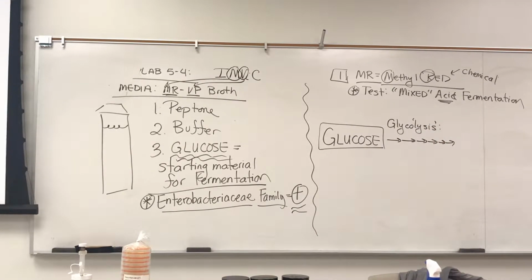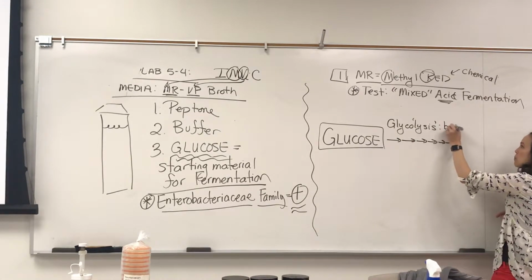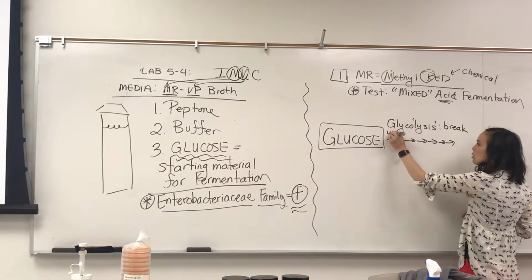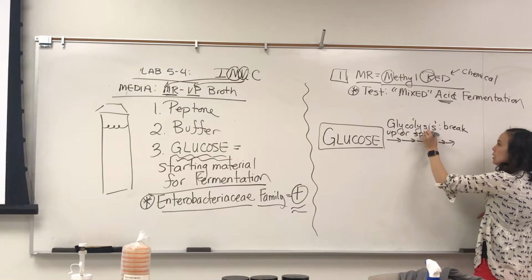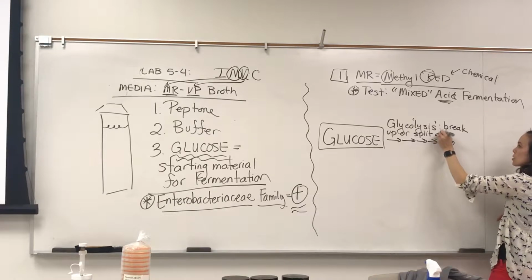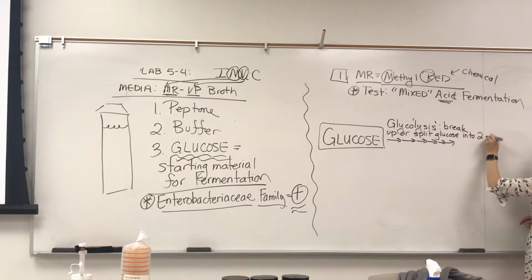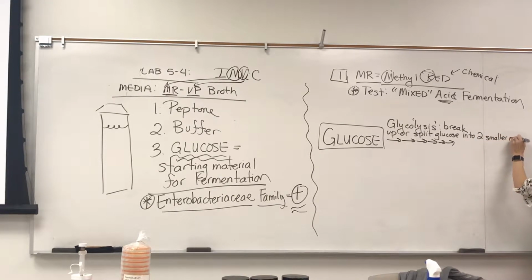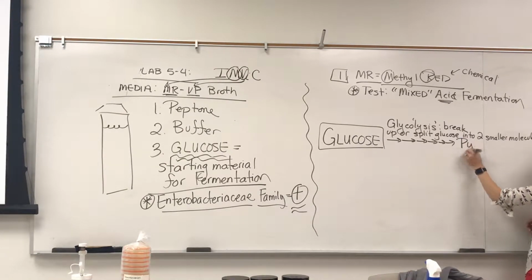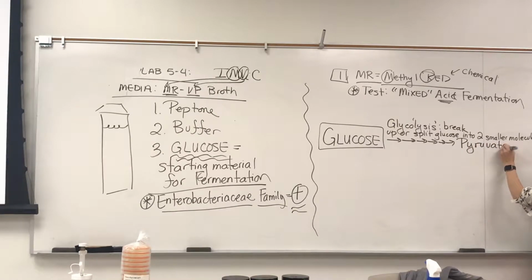Basically over those multiple steps, the bacteria will literally break up, or split, the glucose. And it's literally broken up into two smaller molecules. Over those multiple steps, it's technically like 10 steps back to back to back. The glucose gets split up, and what you end up with, we don't call it glucose, we call it pyruvate.